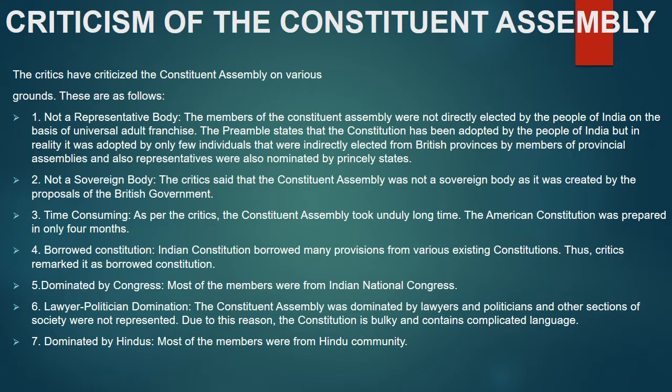So as per the critics, the constitution is bulky and contains complicated language, not easily understandable by common people. Dominated by Hindus: most of the members were from Hindu communities, so the critics said it is dominated by Hindus.